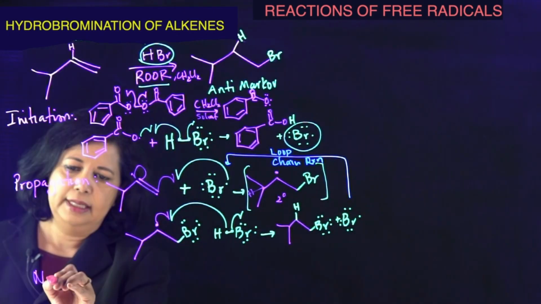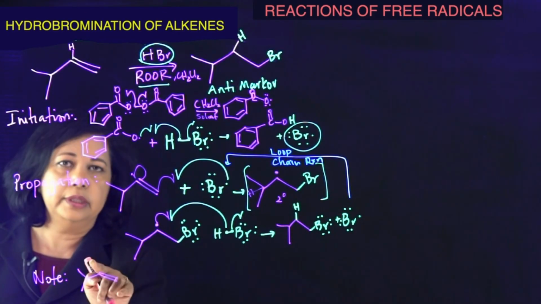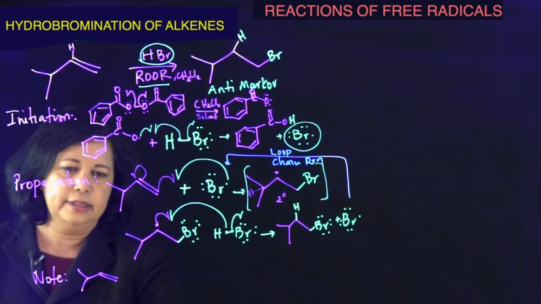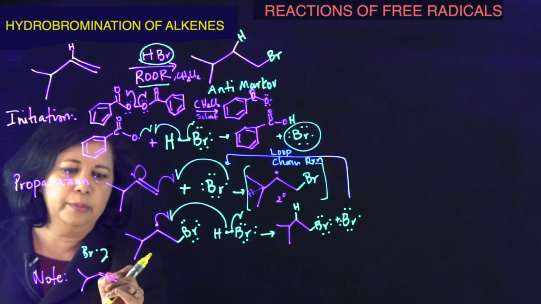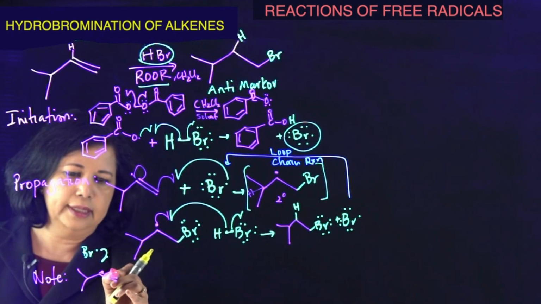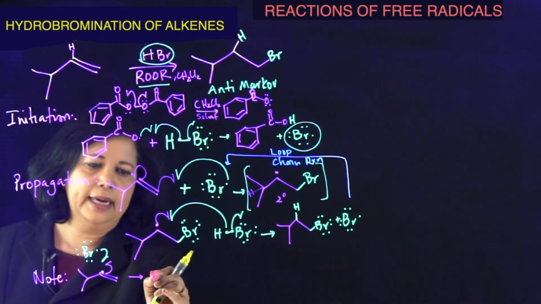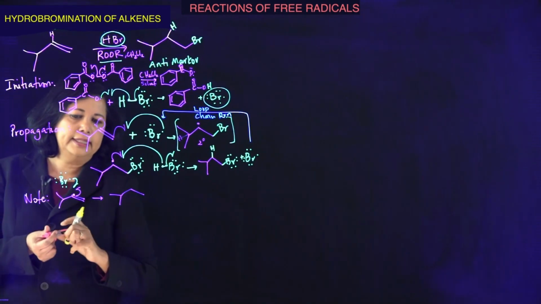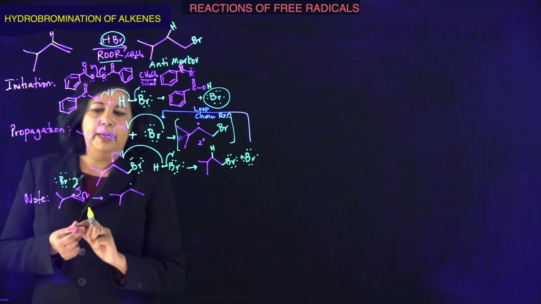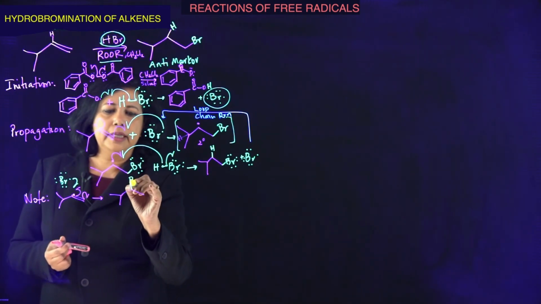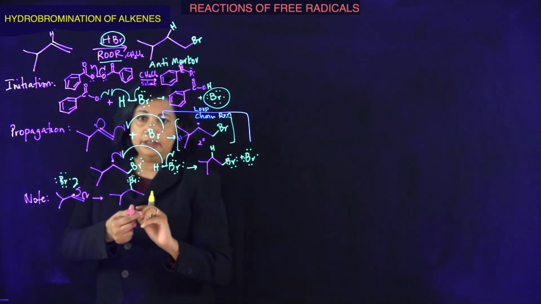So note, this is not part of the mechanism. If you add the bromine to this carbon, like so, then you are going to form a primary radical. And we just saw earlier that, just like carbocations, your radical stability is going to be dependent on how many R groups there are to stabilize it and support it, because the radical is electron deficient.